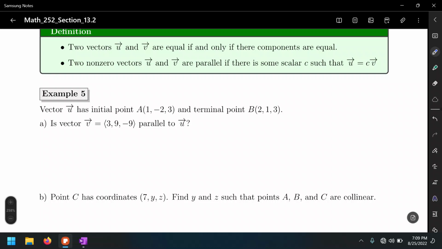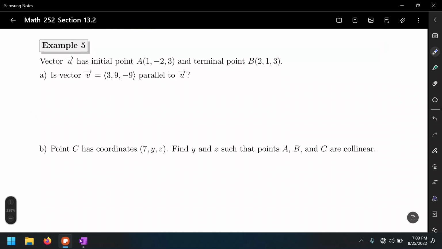In other words, it's a multiple of a vector. We already did one like this in the previous section. If we have a common factor and it looks like a vector that we have to compare it with, then these are parallel vectors.